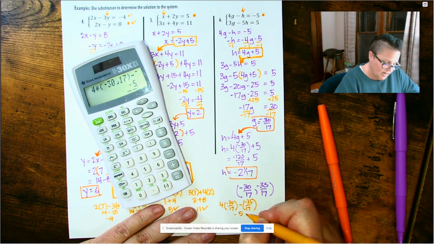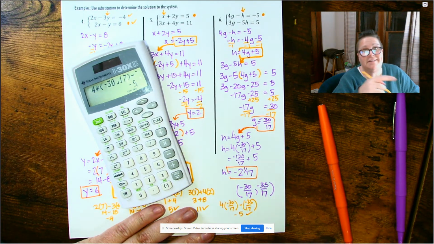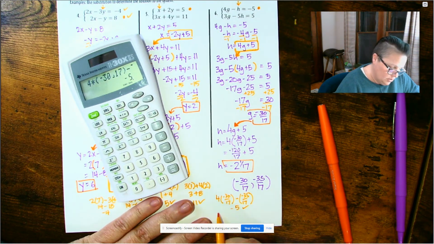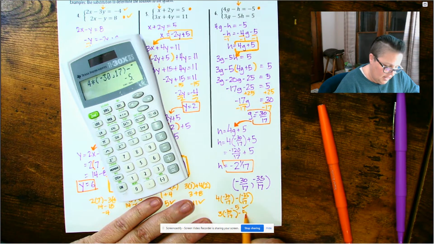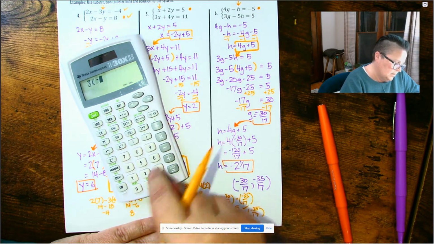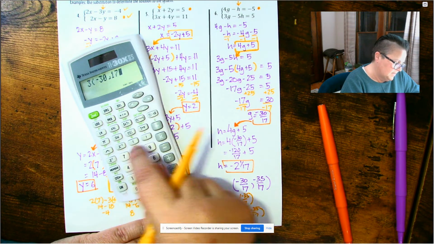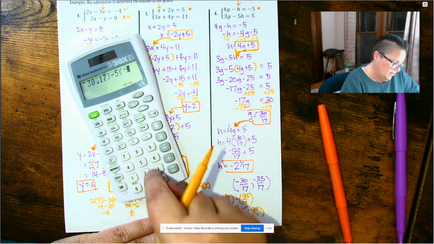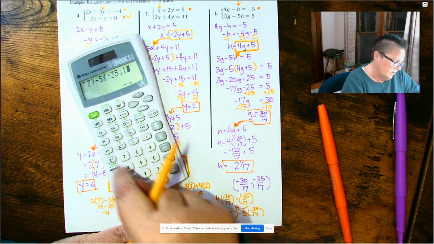So the first one checked. But to be a solution, it's got to check both equations. So the second equation would be 3 times a negative 30 over 17 minus 5 times a negative 35 over 17.